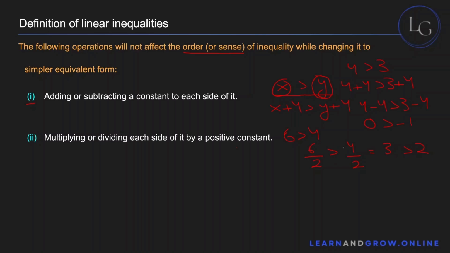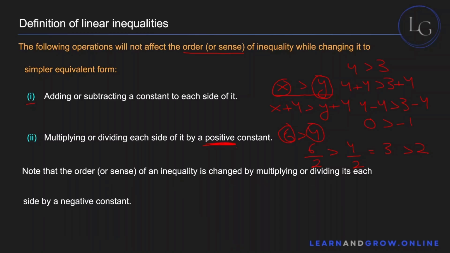So similarly, if you multiply any positive, this is very important, positive constant on either side, this left hand side will be greater than the right hand side. Simple.